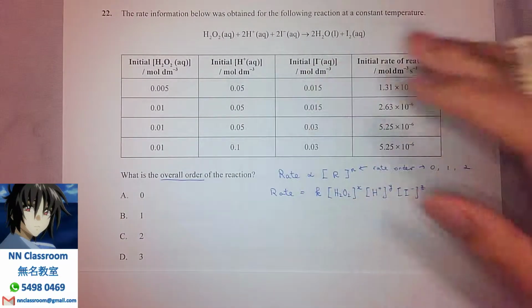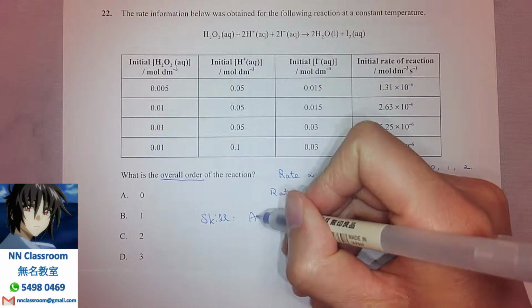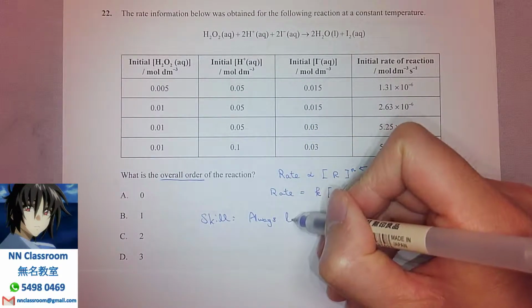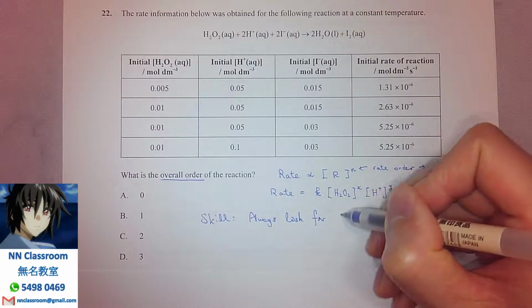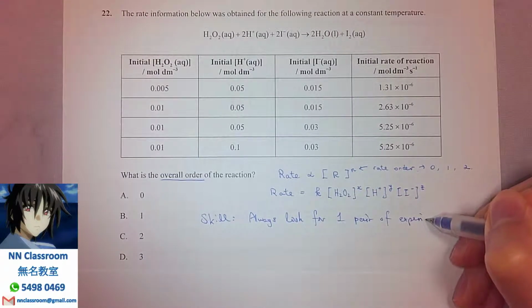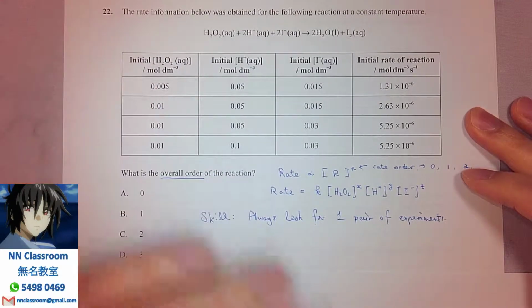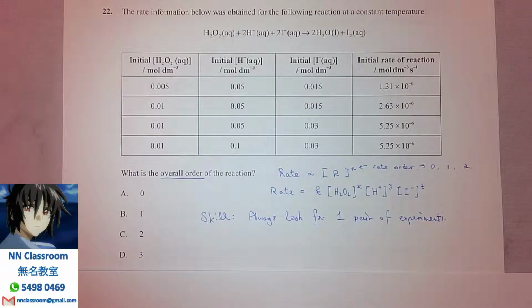So from this question, the basic skill is to always look for a pair of experiments. This is also one of the major concepts of how we can deduce the rate order with respect to each reactant, as the order can only be deduced from doing experiments and nothing else.